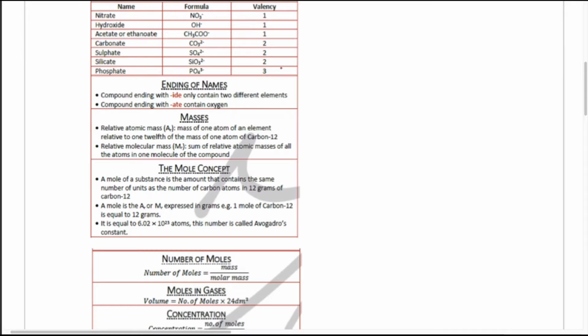Let's say the compound carbon dioxide, CO2. Okay, so IDE is here. 2 elements, 1 carbon, 2 oxygen, 2 types of elements, carbon and oxygen.